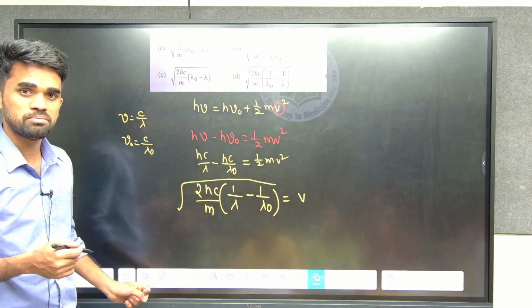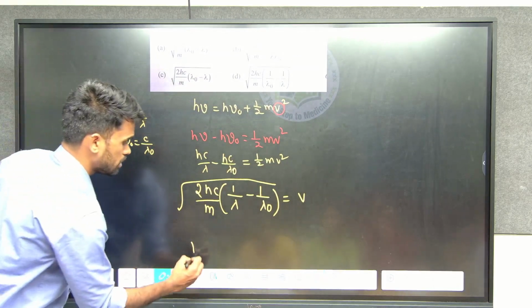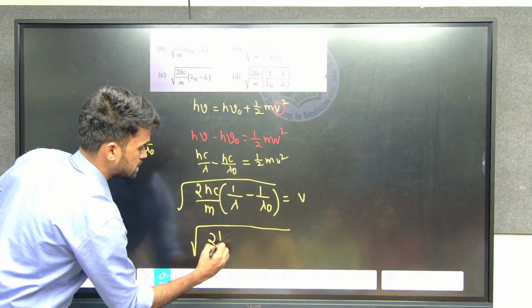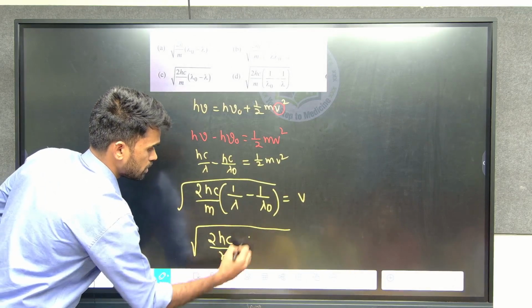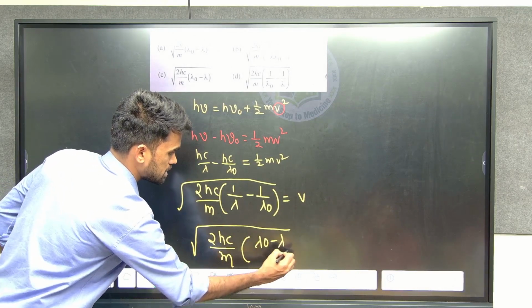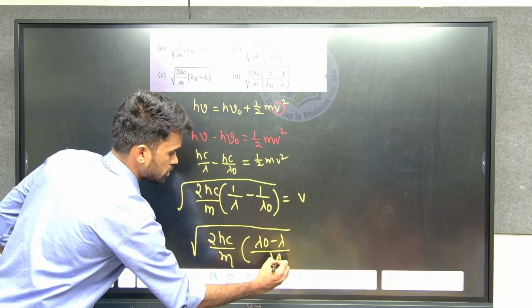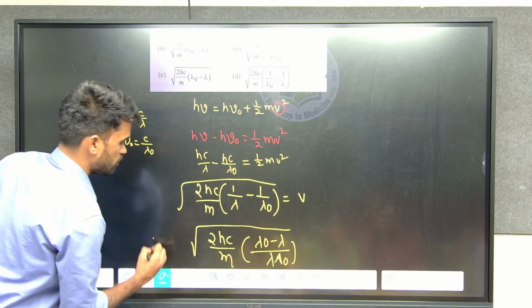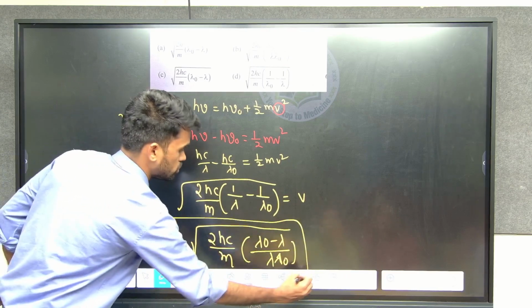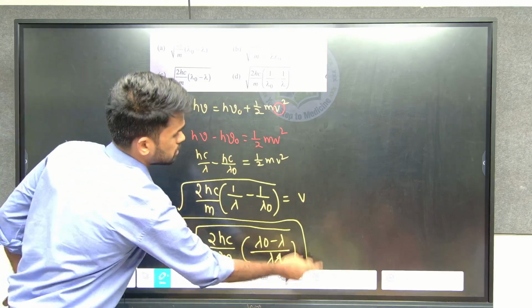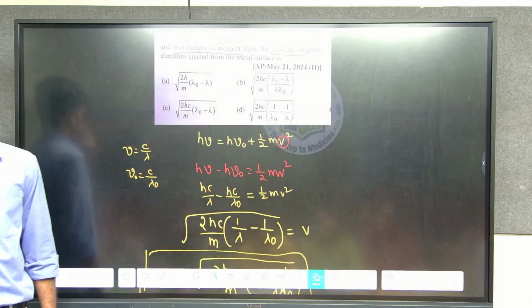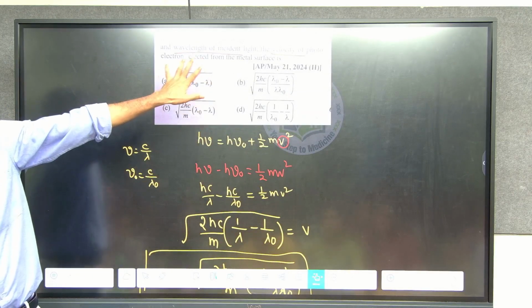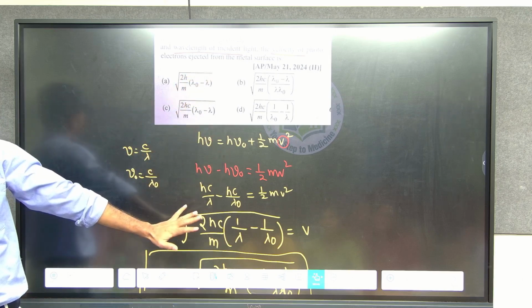LCM. You do the LCM. What happens? 2hc by m, lambda naught minus lambda. This is the final answer you will get. Yes or no? So what is our answer? B. That's it. Initially it looks very scary, but if you follow the steps, it is easy only.